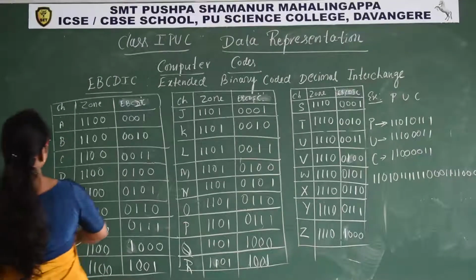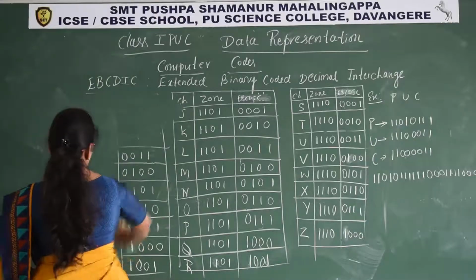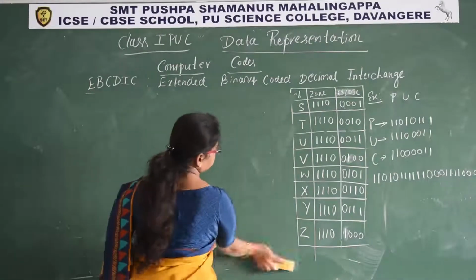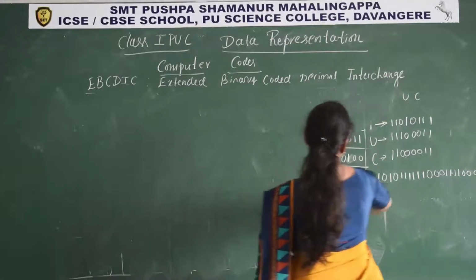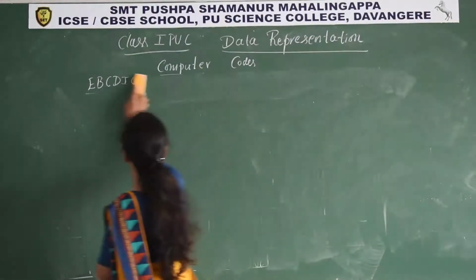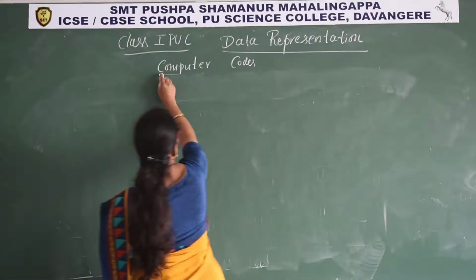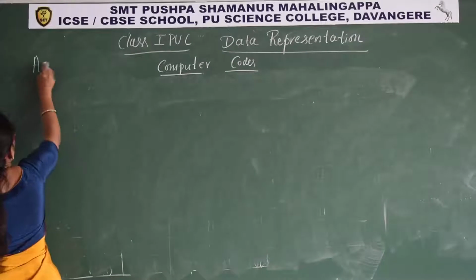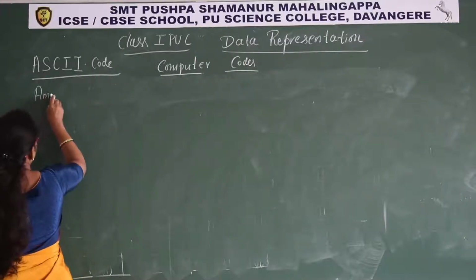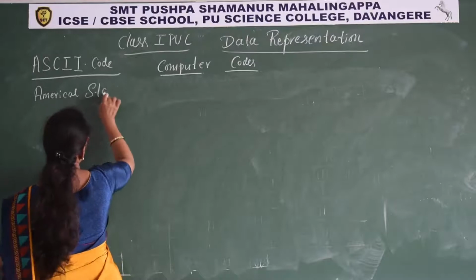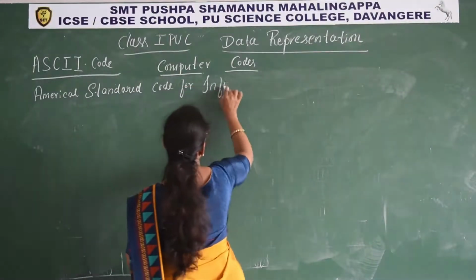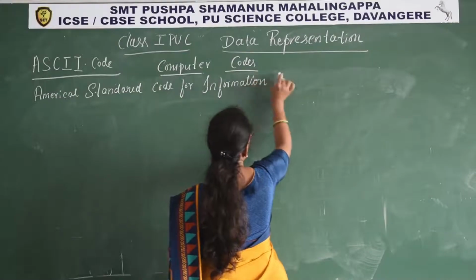Next coding system is ASCII code. American Standard Code for Information Interchange.